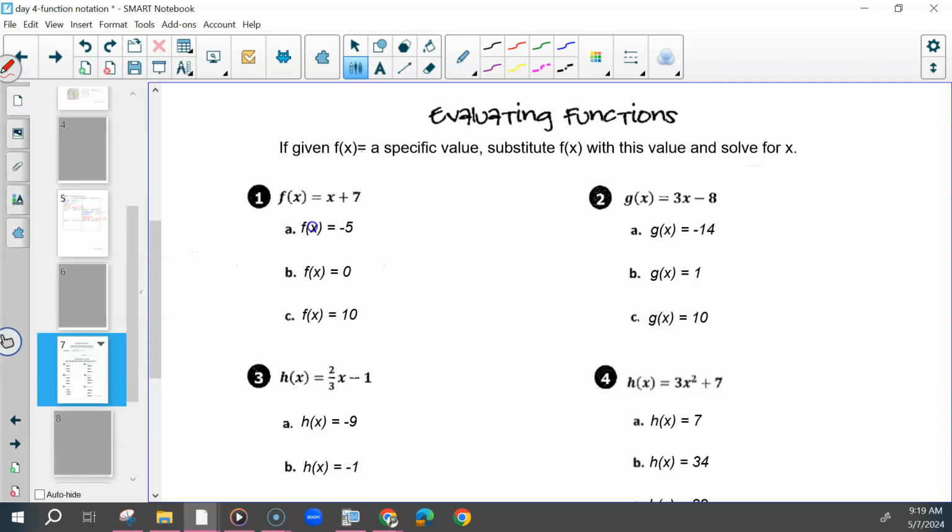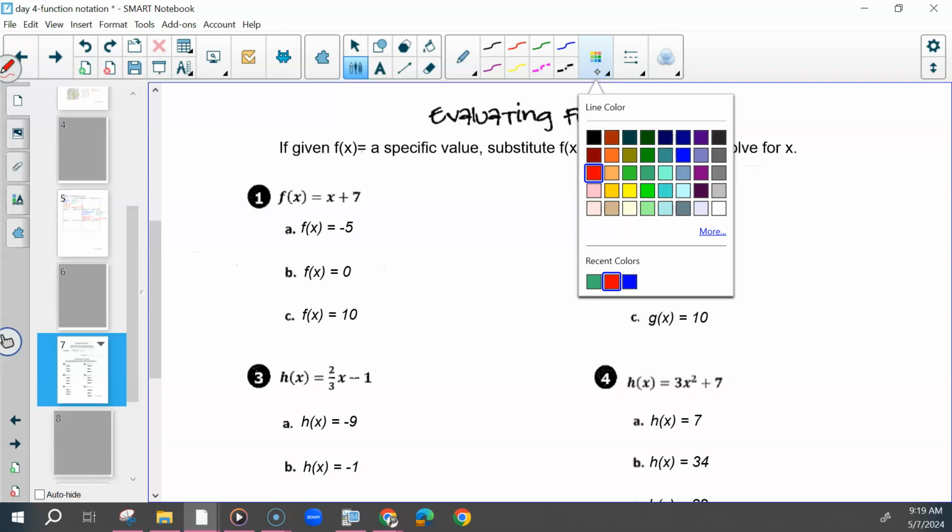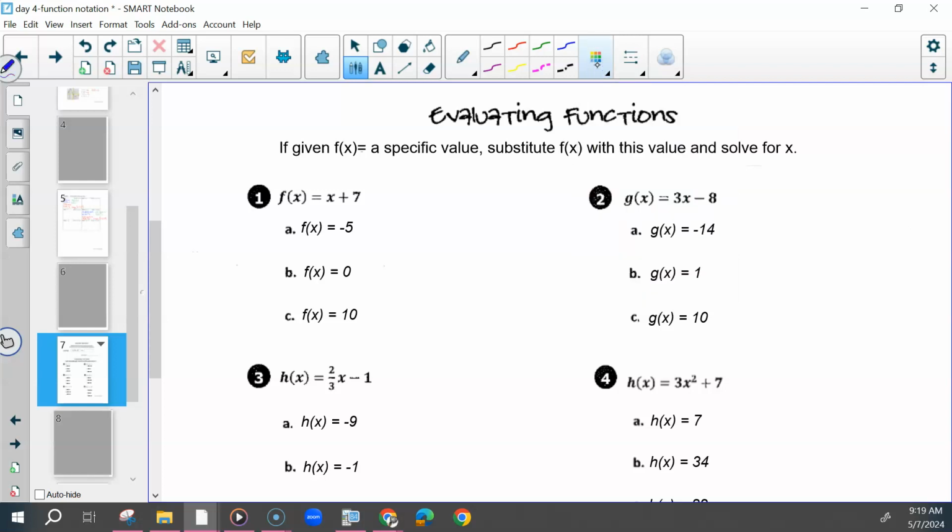So in part A, I'm going to set these up algebraically and then show you how you would do these in Desmos in the calculator. If I have this equals -5, I could change f of x to be y, just to make it less confusing. Because this is y, I'm just going to rewrite it as -5 equals x plus 7.